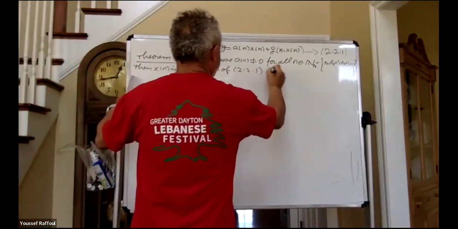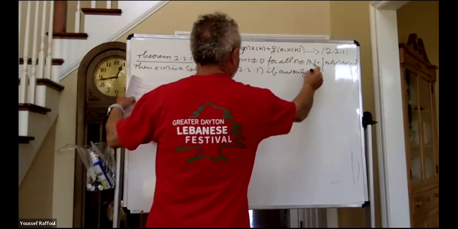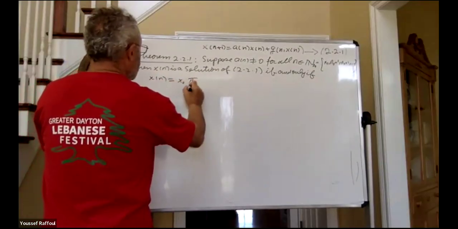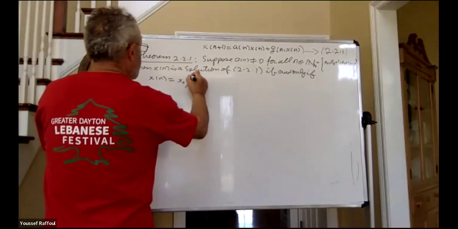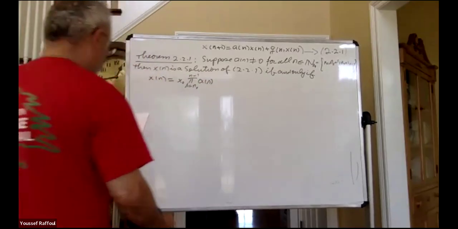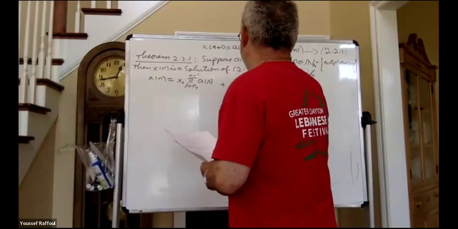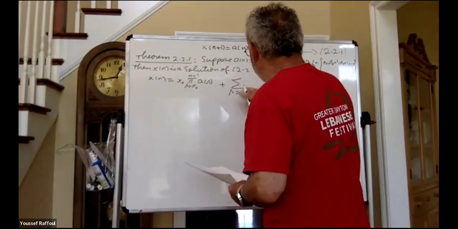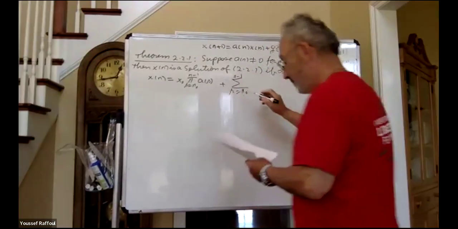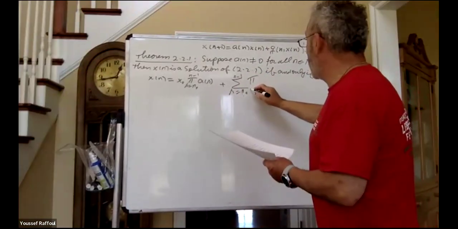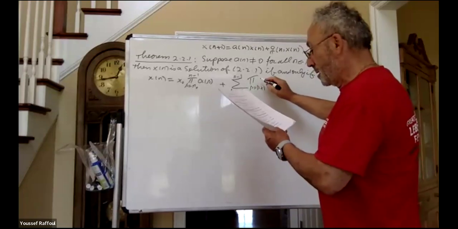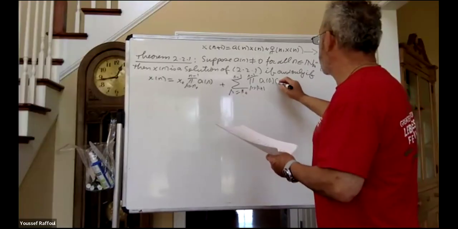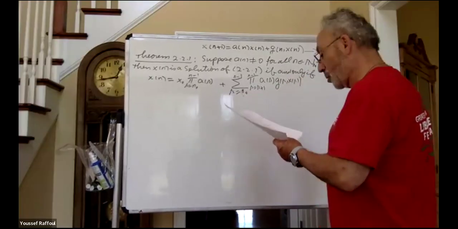If and only if x_n equals x_{n0} times the product from s equals n0 to n minus 1 of a_s, plus the sum from r equals n0 to n minus 1 of the product from s equals r plus 1 to n minus 1 of a_s, times g(r) x(r).